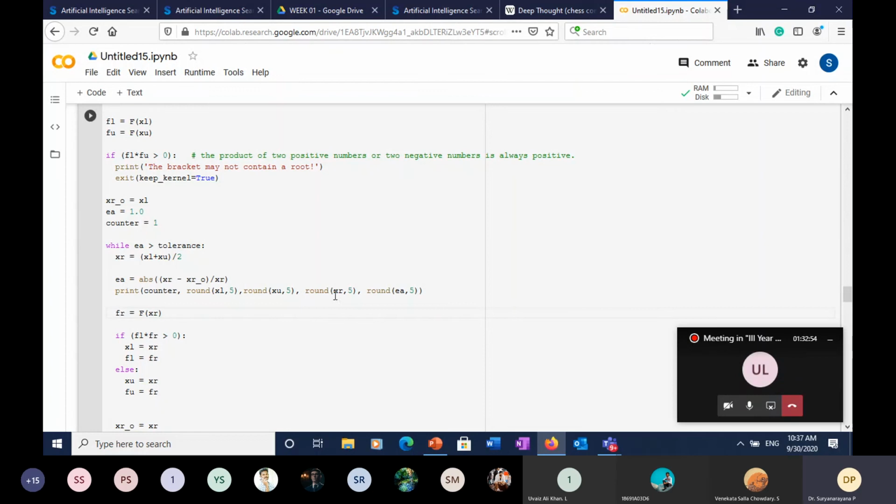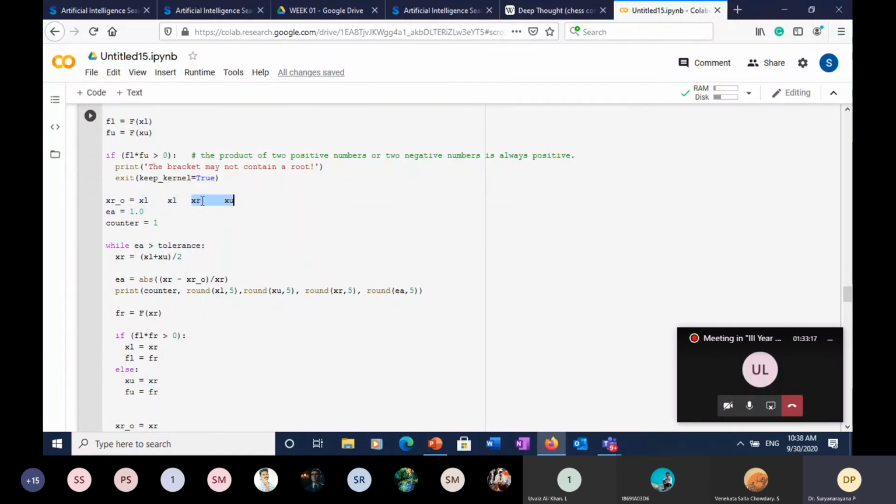There is a lower limit for the root, an upper limit for the root, and the new root we are finding at the middle, XR. So now either XL XR will have the root or XR XU will have the root. How do you find out?